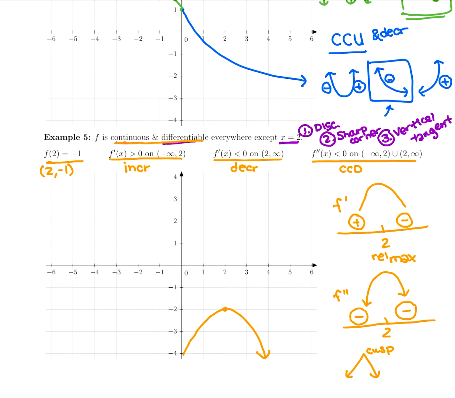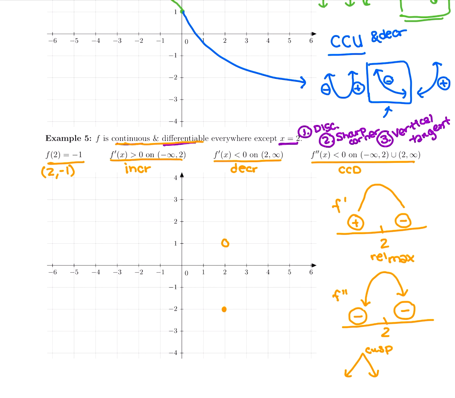Or I can kind of do the best of everything, go through the point and have a discontinuity, and this is usually how it would look. Go to that point, but have the open circle be on the graph.